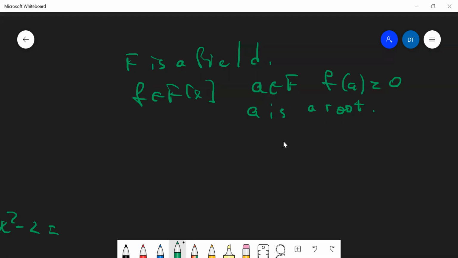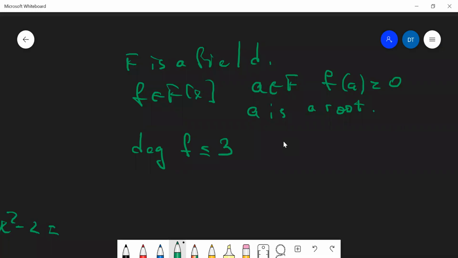So in case of some specific fields, there are some algorithms that can check if a polynomial is irreducible or not. But in general, this is a very hard task. But suppose our polynomial has degree 3 or smaller.